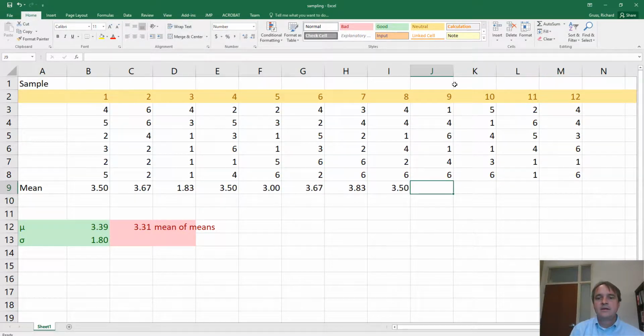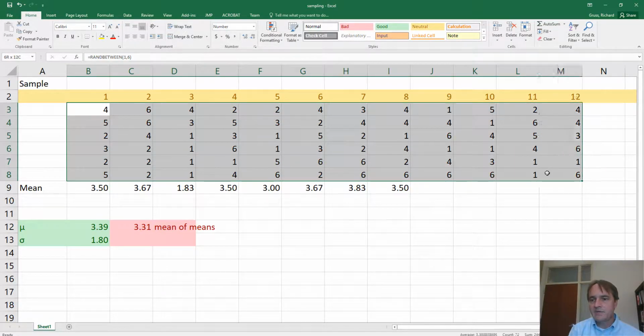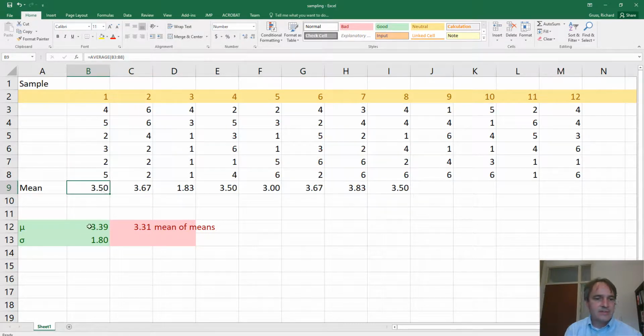So now we still have all of these included in the population, but now we've only drawn 8 samples. So now we see we've got a population average that is a little bit different from the mean of means, or the average of all the sample averages.